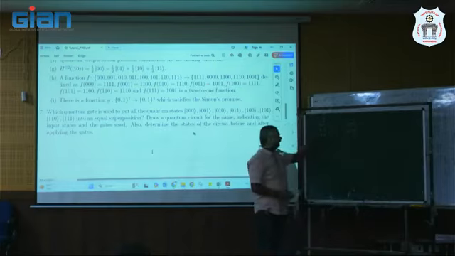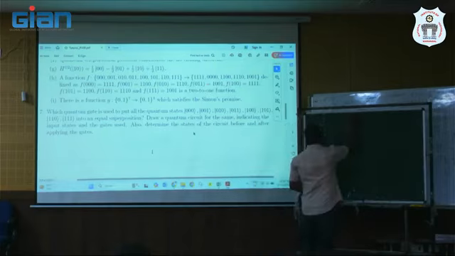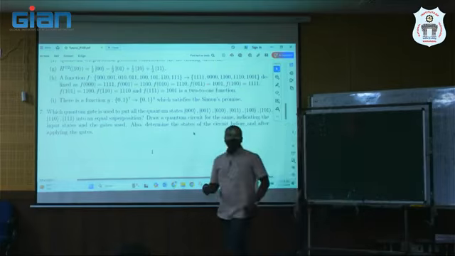Something like this. Here I have 4, here 2 elements. Set A has 4 elements, set B has 2 elements.